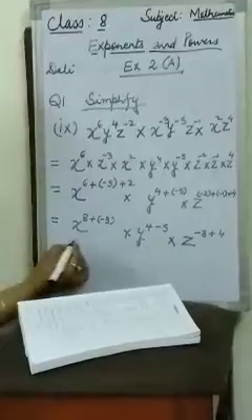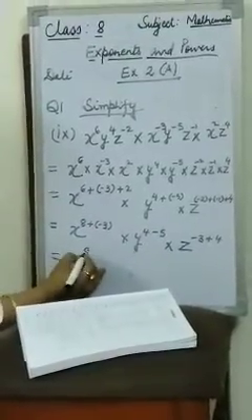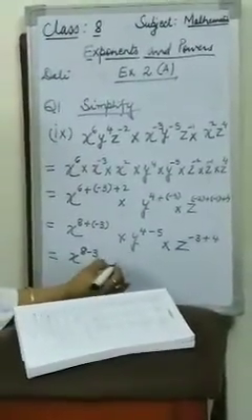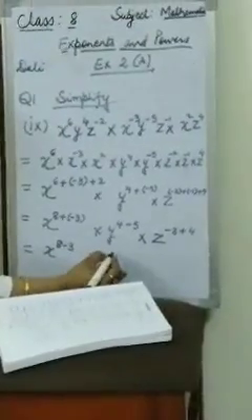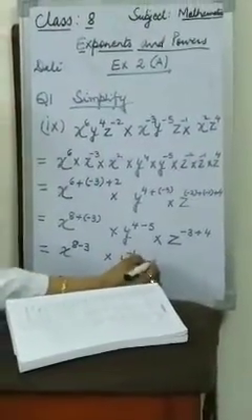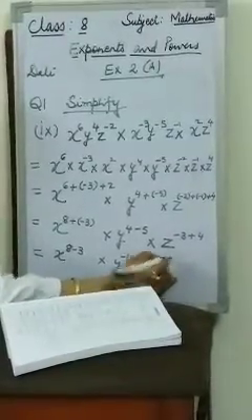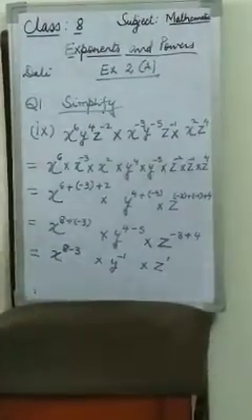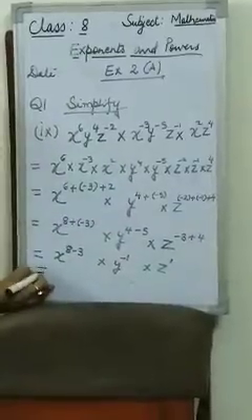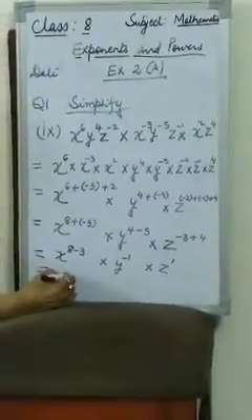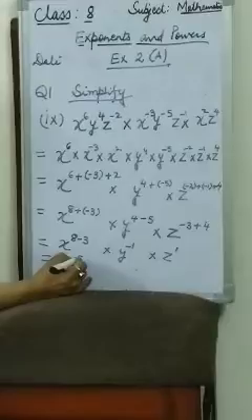Plus minus will become minus, x to the power 8 minus 3. Y will become 4 minus 5, that is minus 1, and z will become minus 3 plus 4, that is 1. X to the power 8 minus 3 will become 5.